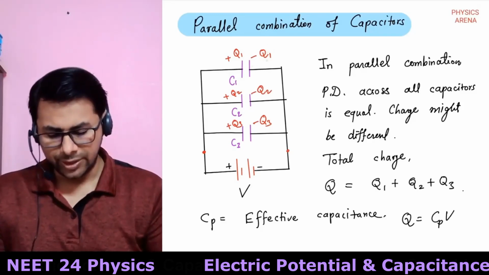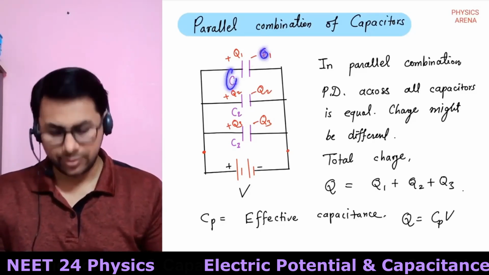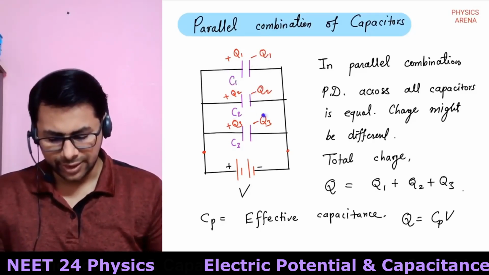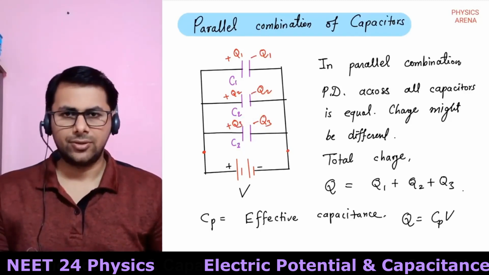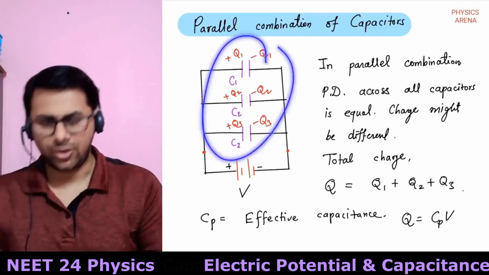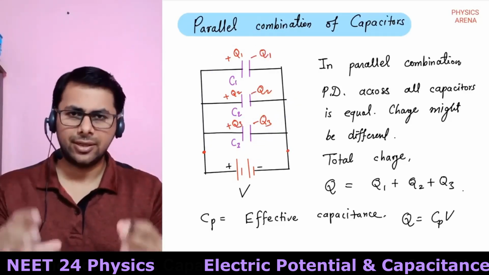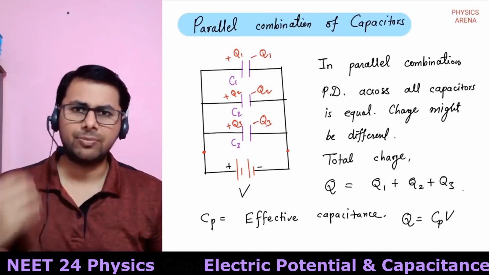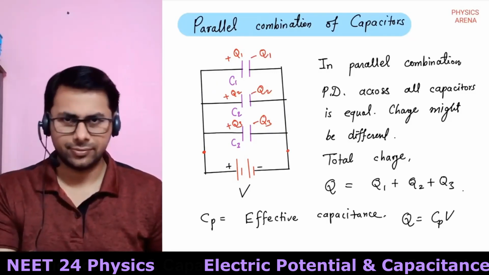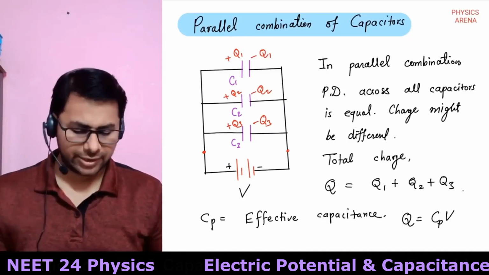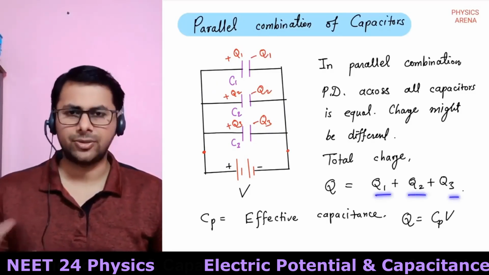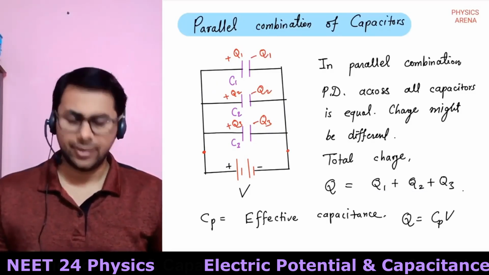Suppose there is charge Q1 on C1, charge Q2 on C2, and charge Q3 on C3. The total charge is just the addition Q1 plus Q2 plus Q3.